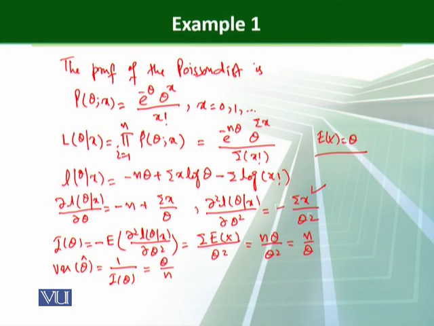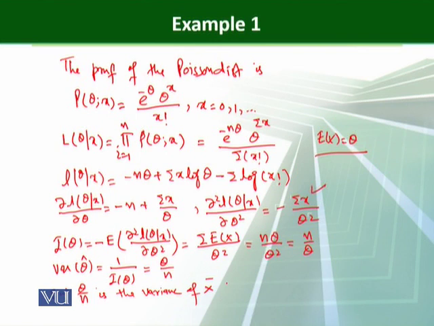And then we also know that theta over n is the variance of X bar. How?